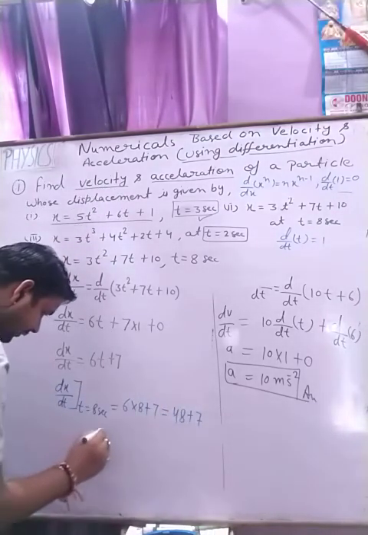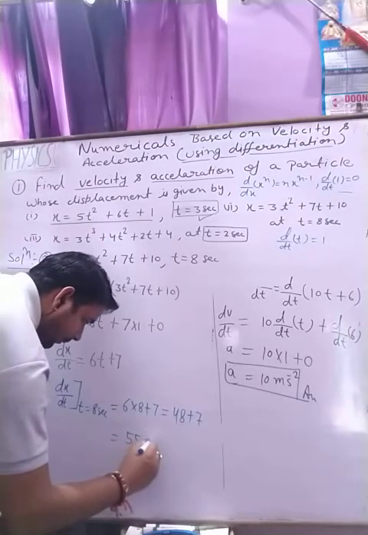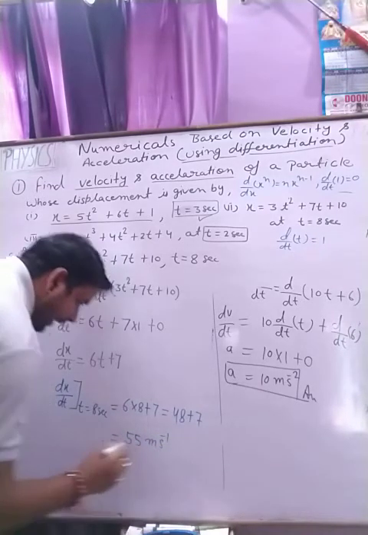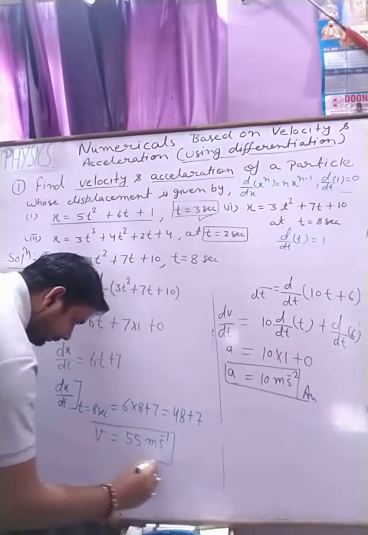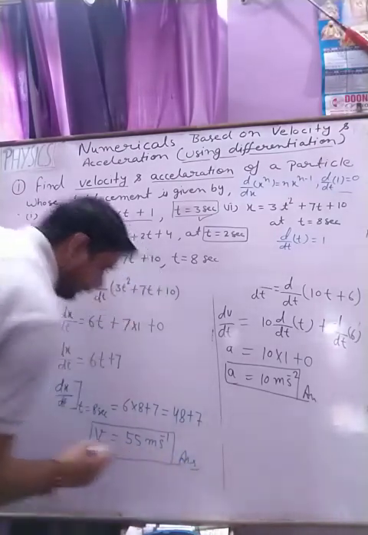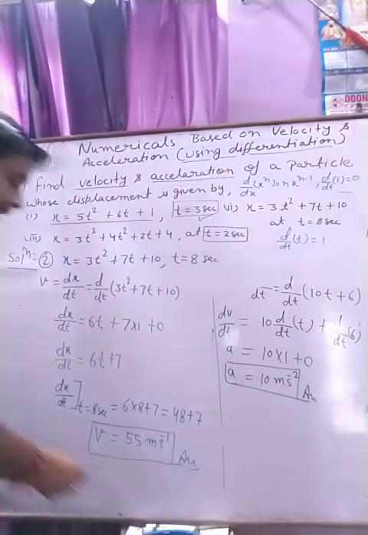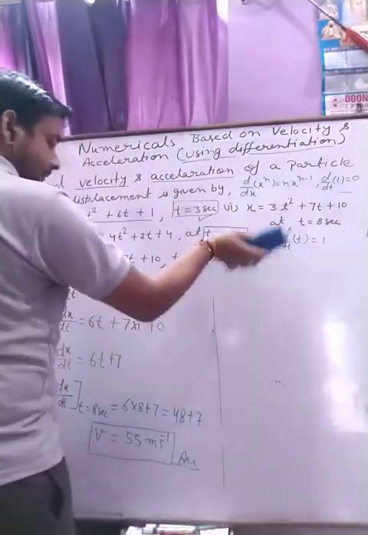This result gives you the value 55 meter per second, and this is velocity. This is your first result, and second we need to calculate the acceleration.